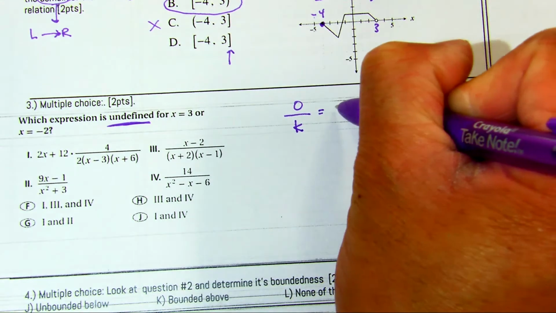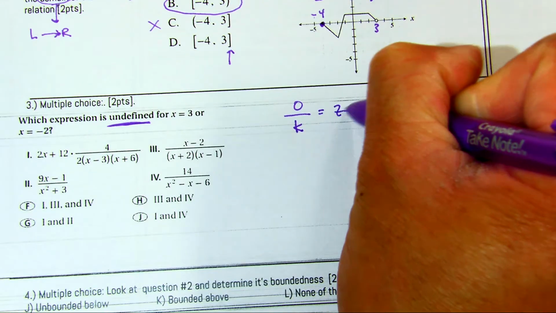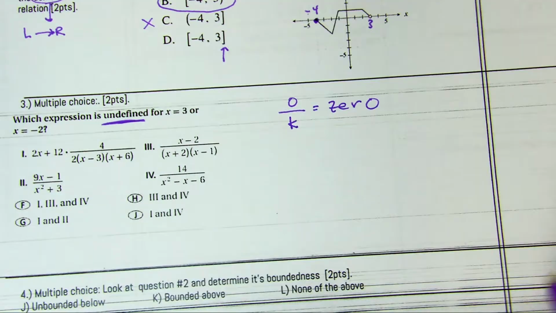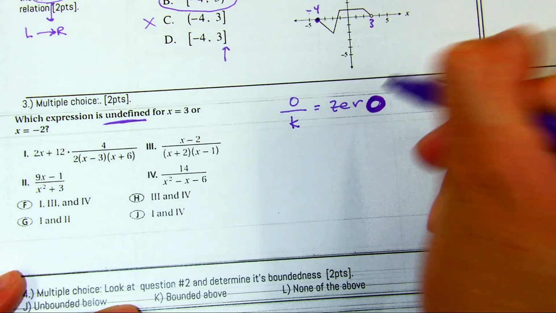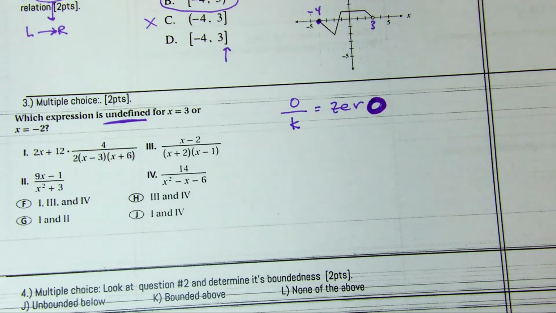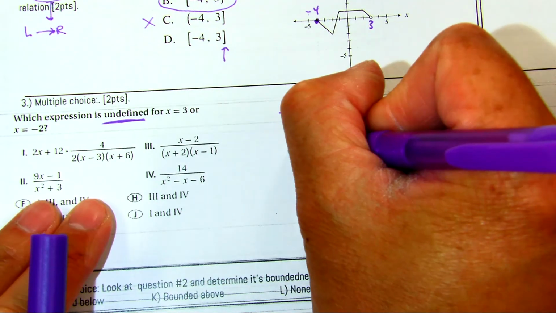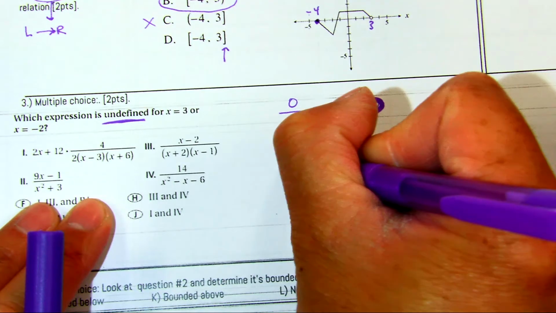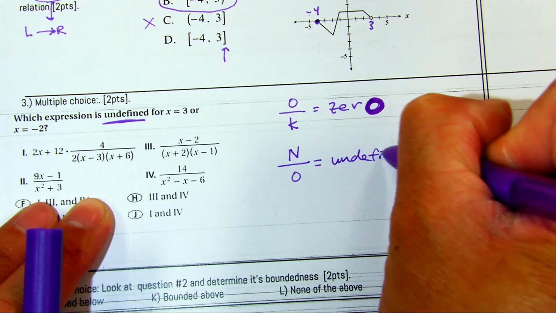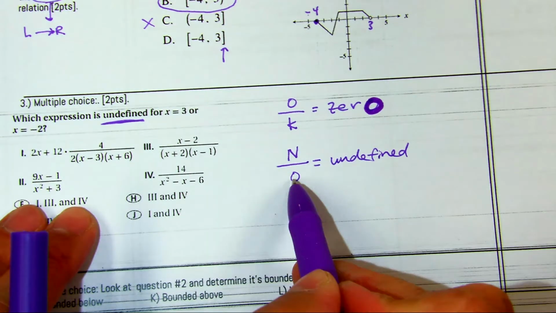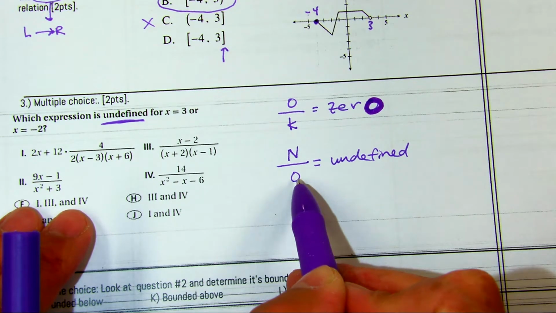This is 0. But if you take a number such as n and divide it by 0, this is undefined. So basically what we're looking for is to make the denominator equal to 0.